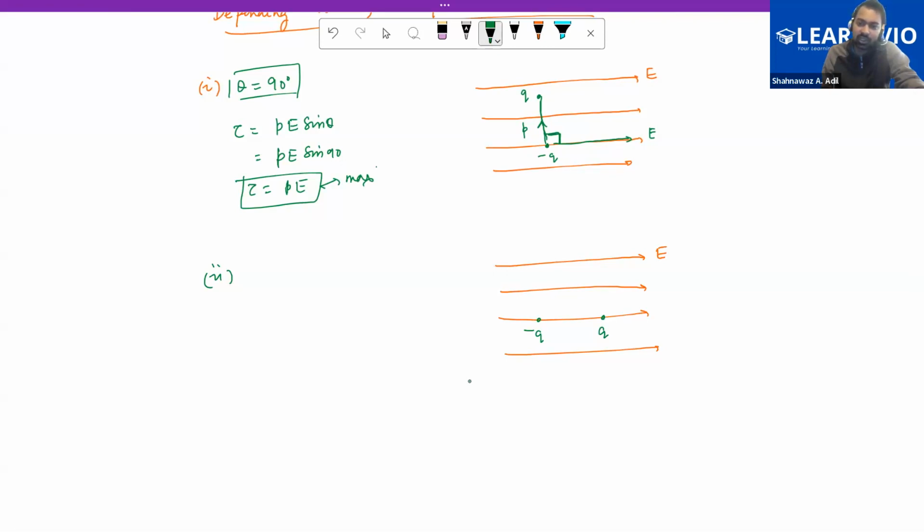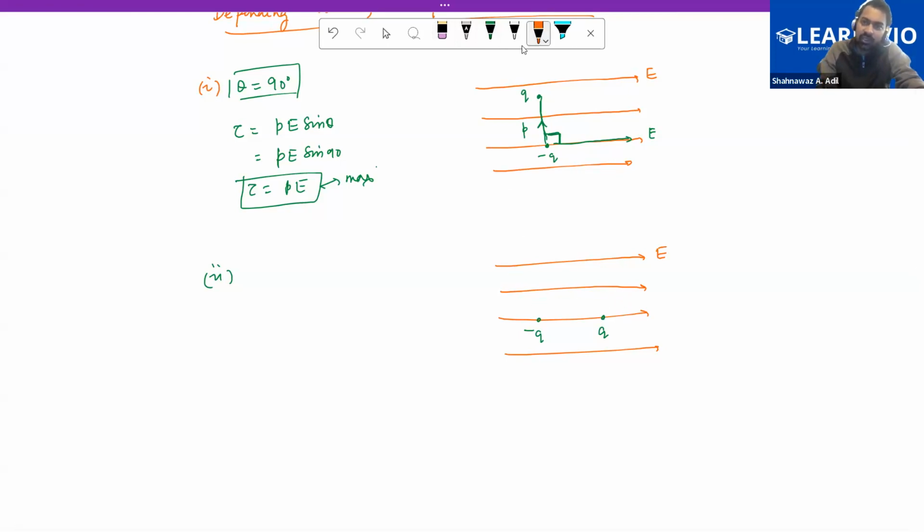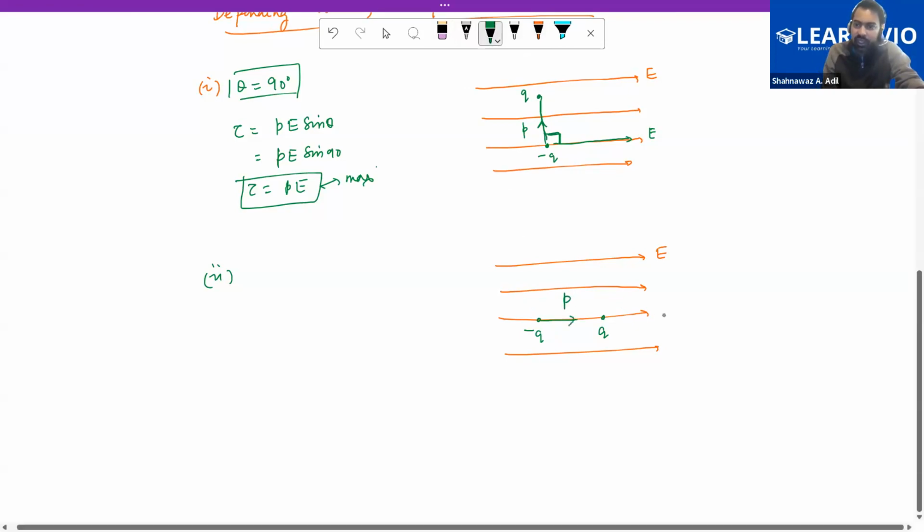It's on the same line, so 0 degree, because P is in this direction, negative to positive, and the electric field is also in the same direction. So theta is 0 degree. Then this torque would be PE sine theta, and this would be 0. So there is no rotational effect, so this would be called equilibrium.